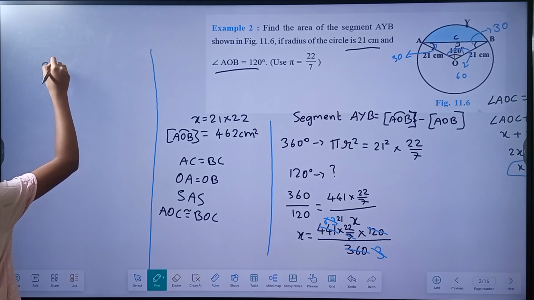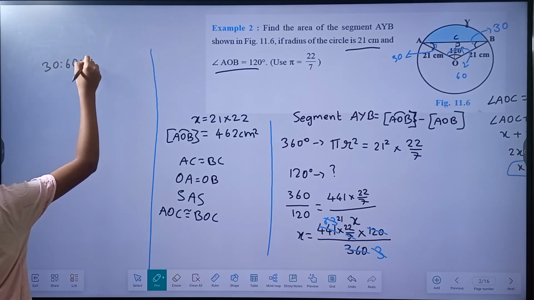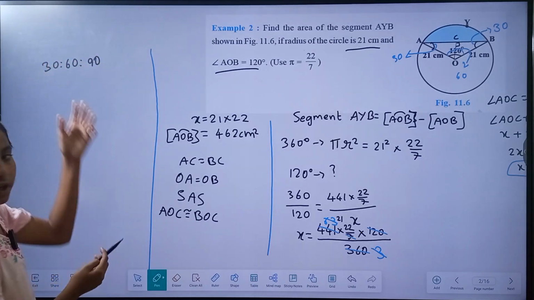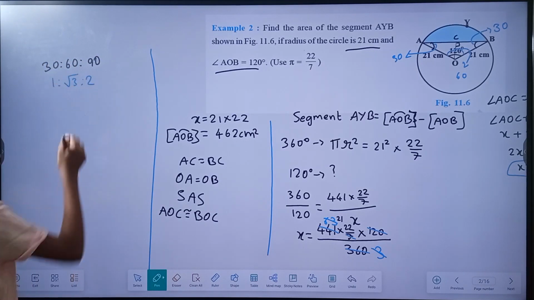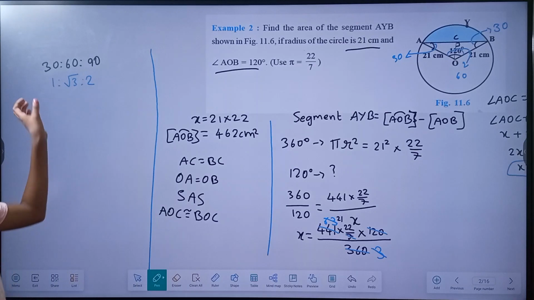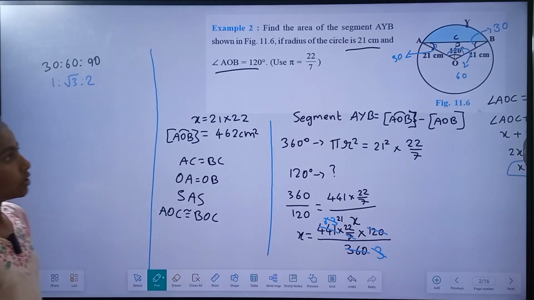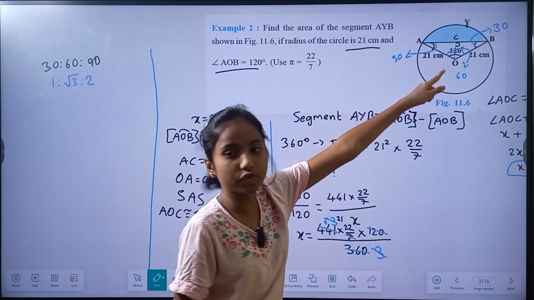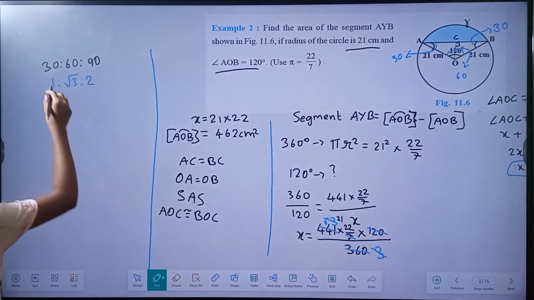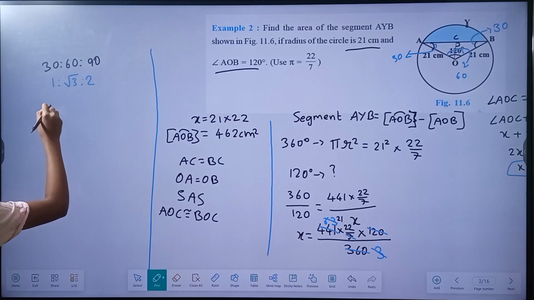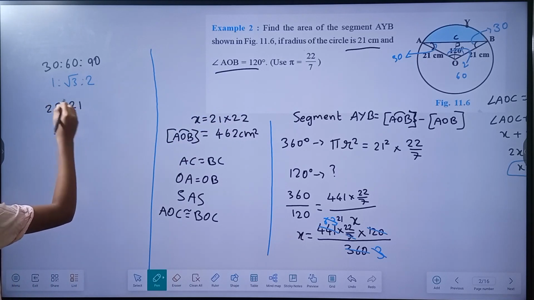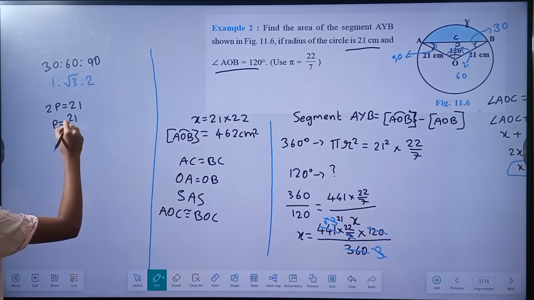So 30 is to 60 is to 90. The ratio of the sides opposite to these angles we know already, 1 is to root 3 is to 2. Now we have 90 opposite 21. Then the side opposite 30 will be 21 by 2, which means 2p equals 21, p equals 21 by 2.